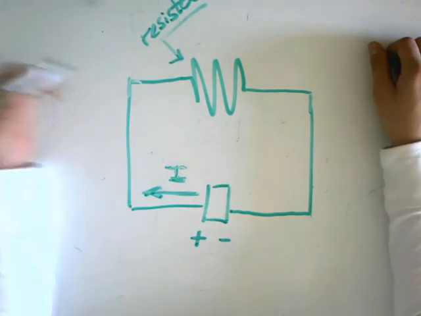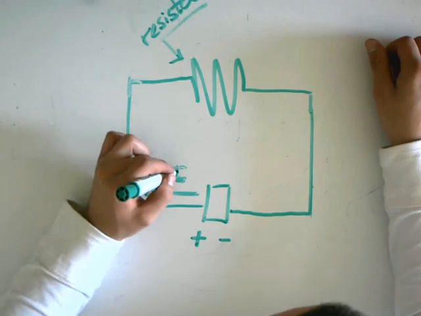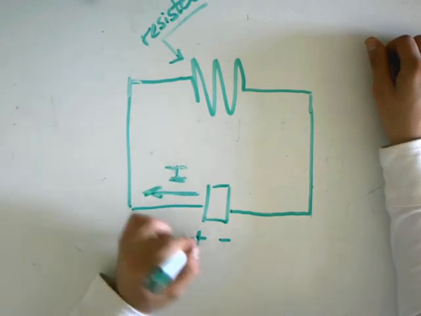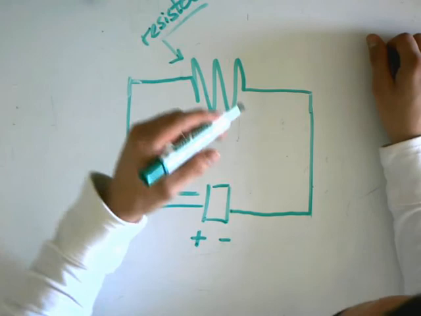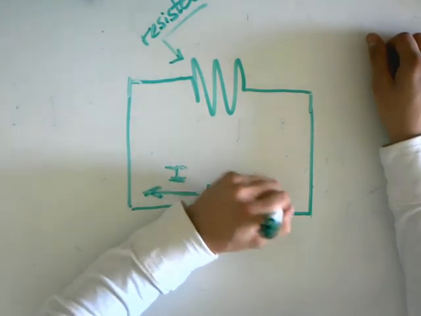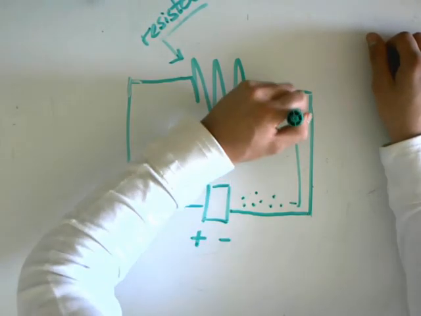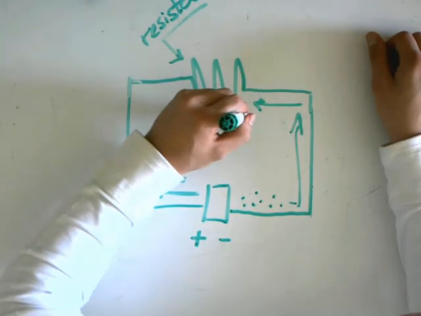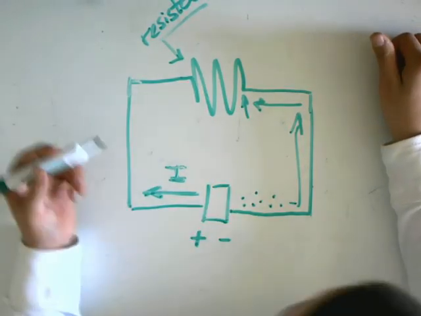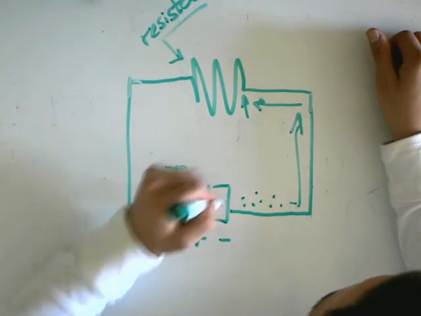Current is taught to be flowing from positive to negative, but actually it is the electrons that flow through our ideal conductor, which is a wire, from the negative end of the battery to the positive.